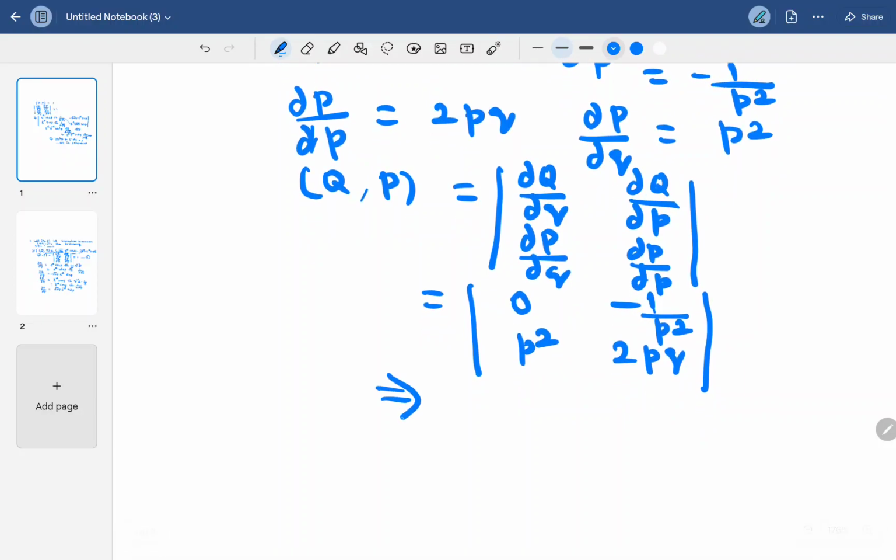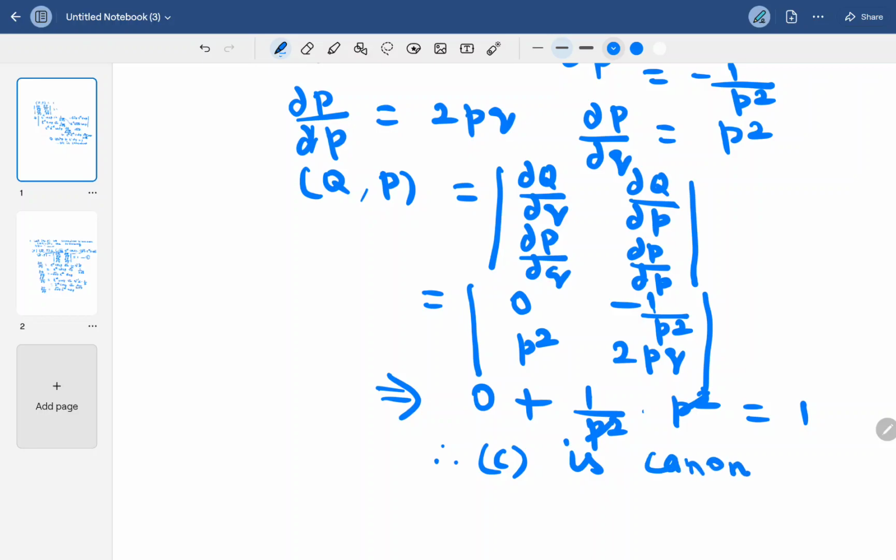Simplification: 0 plus 1 by p square into p square will cancel, giving 1. Therefore C is canonical. Therefore all are canonical.